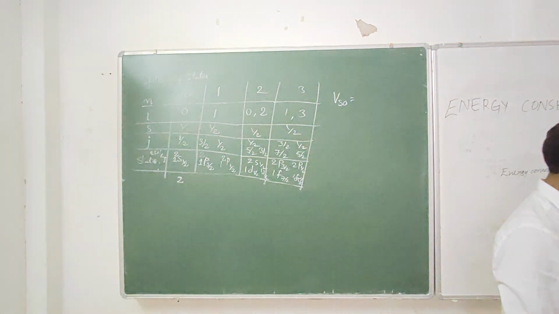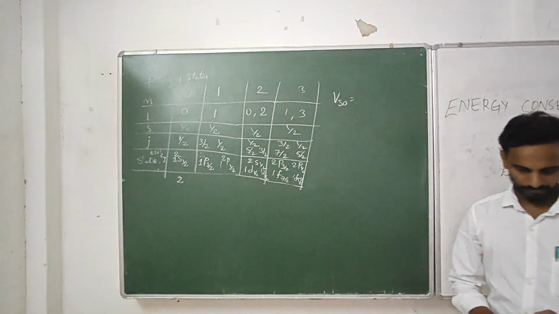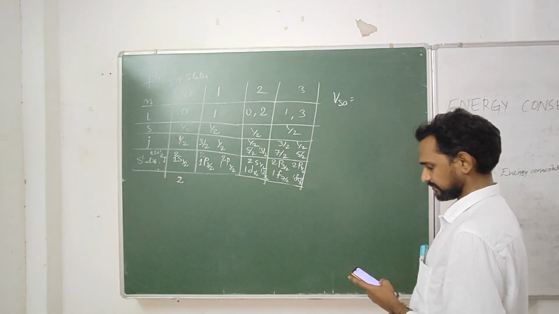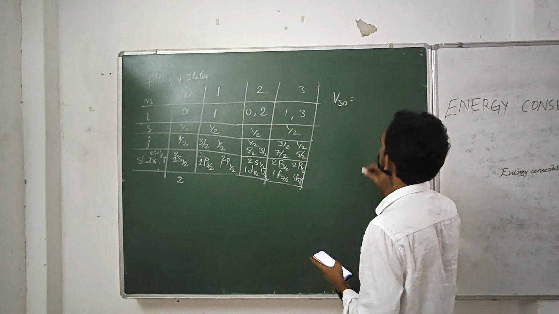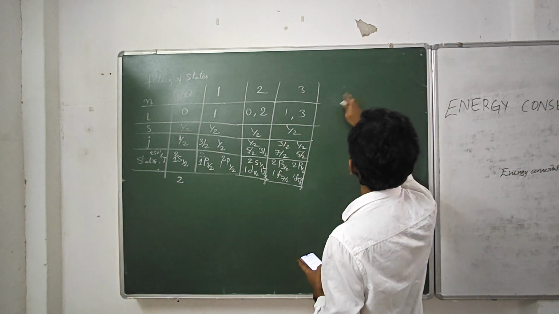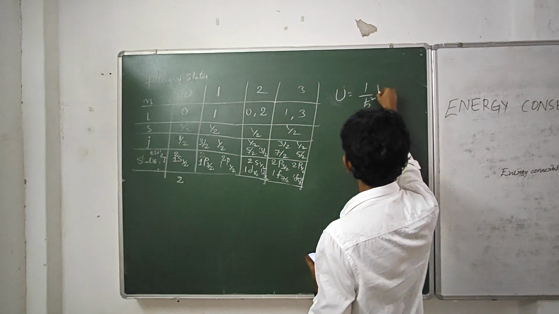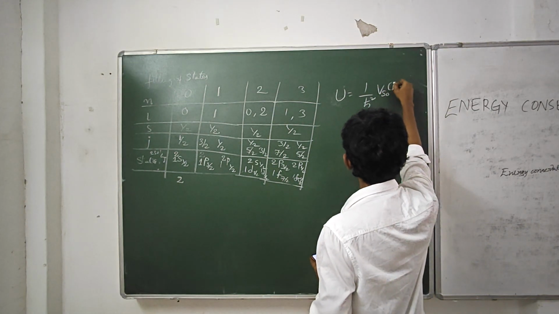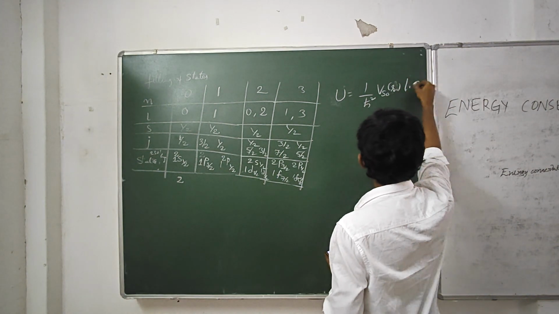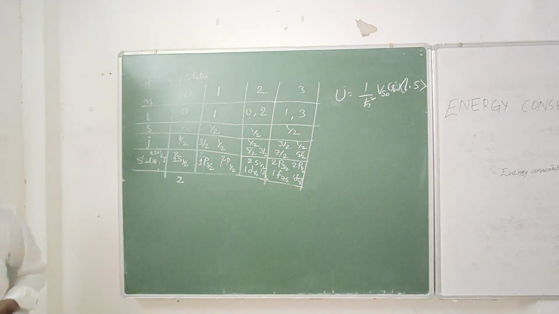Spin orbit interaction energy is what? It is the angular momentum product of L and S, L dot S.